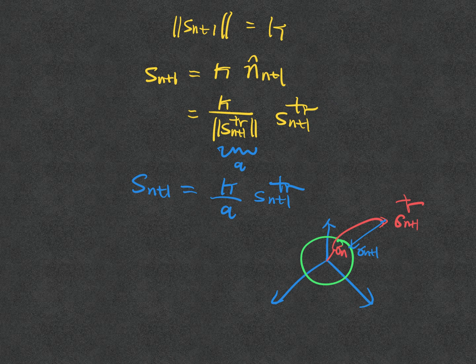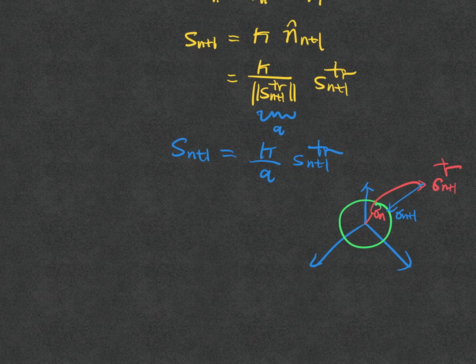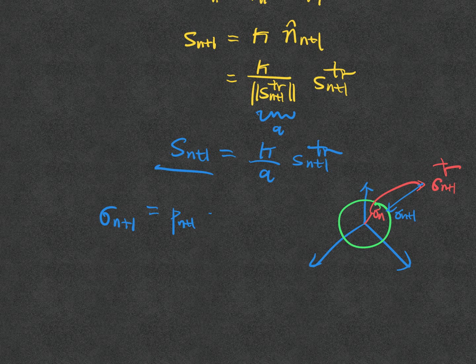Okay, you see what I mean? That would give me back the corrections. Once I update S n plus 1, then I can update the entire stress, because again, the p n plus 1 is equal to the p trial n plus 1, and then I would simply have this.